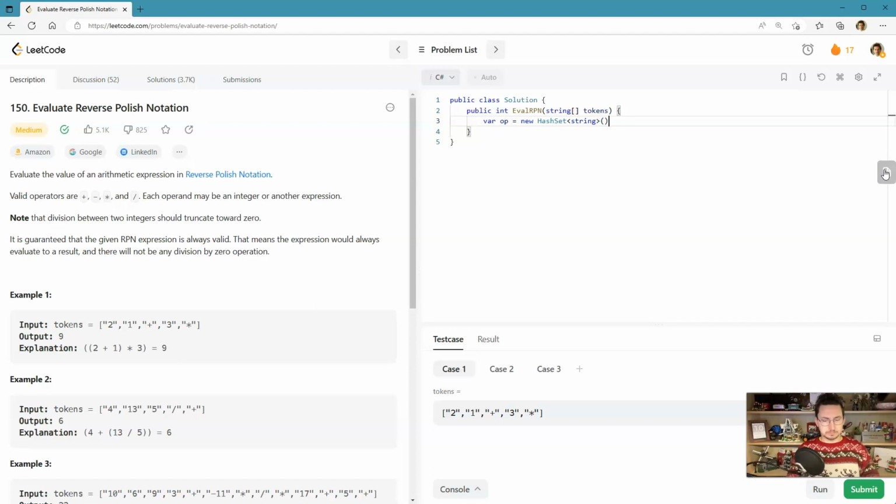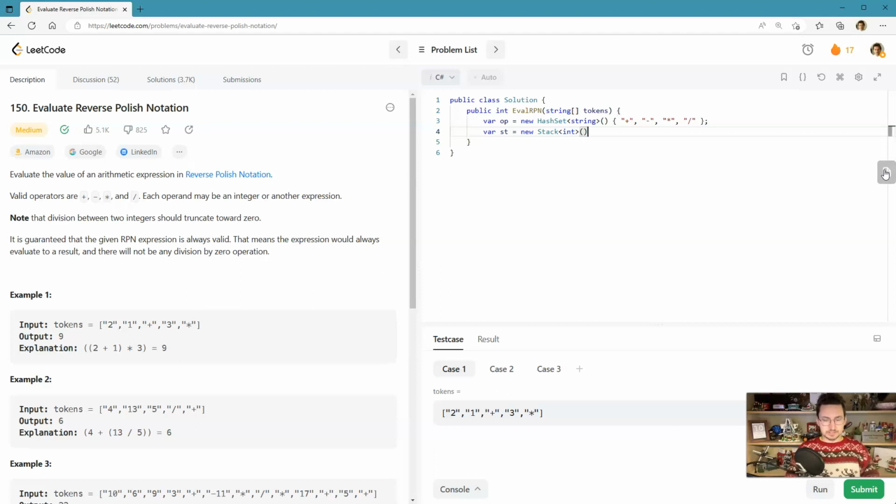String plus, minus, multiply and divide. Next we will create our stack, and this stack will be a stack of integers.